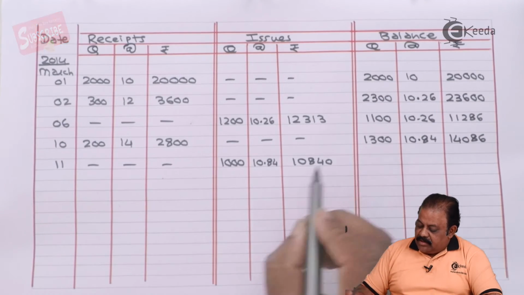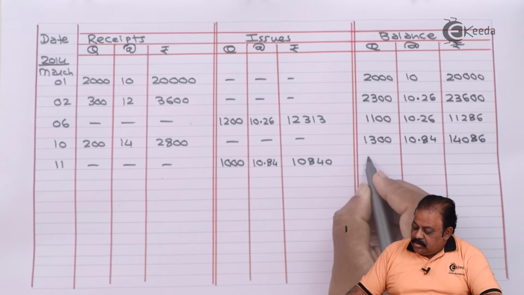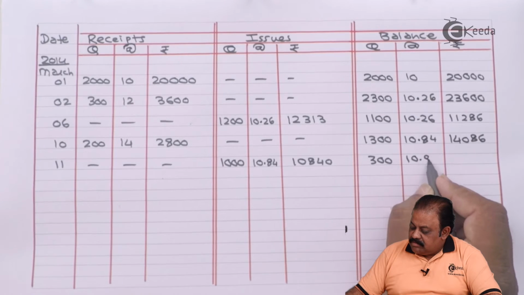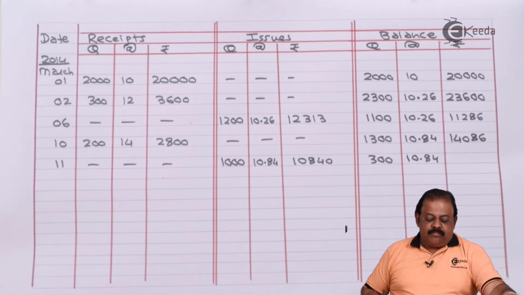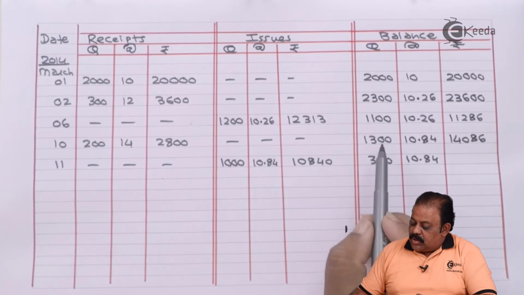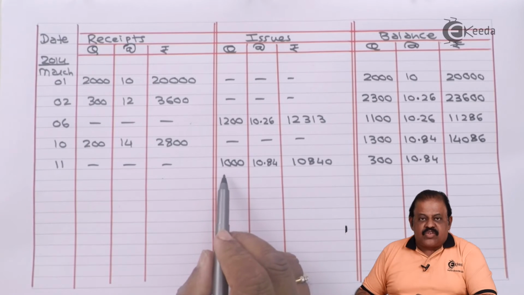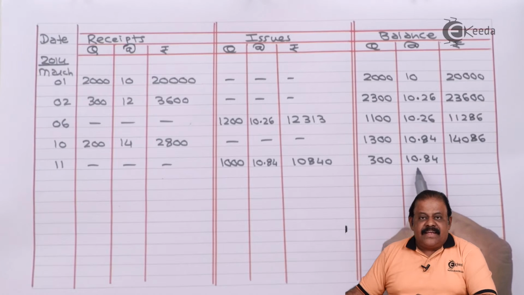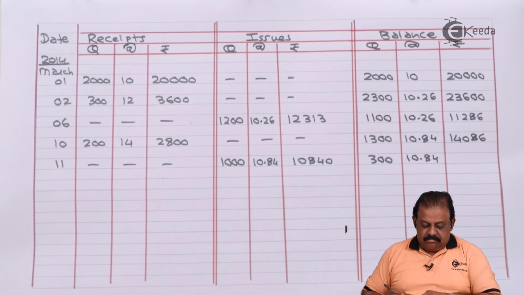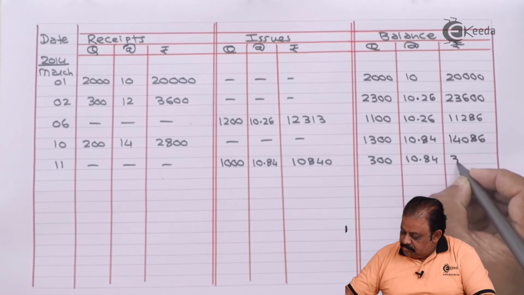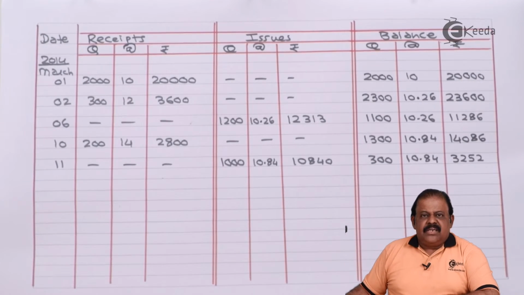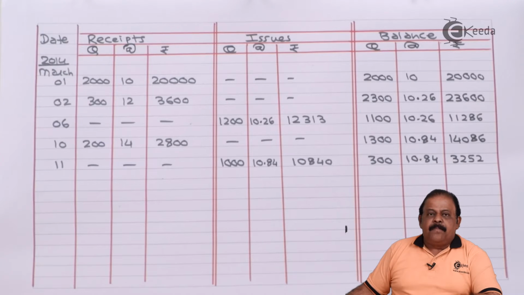Out of 1300, 1000 units are issued. So balance units are 300, valued at the rate of 10.84. So balance 300 units will be valued at 10 rupees 84 paise. It is 3,252.